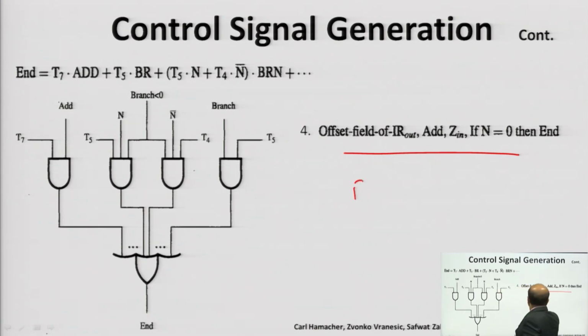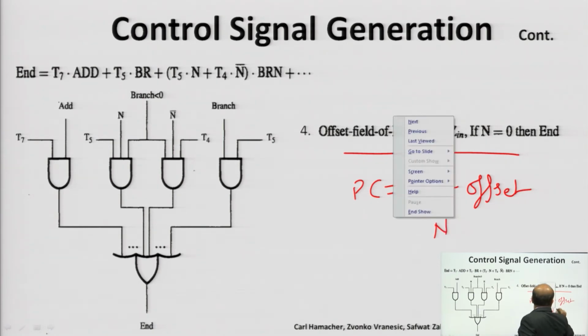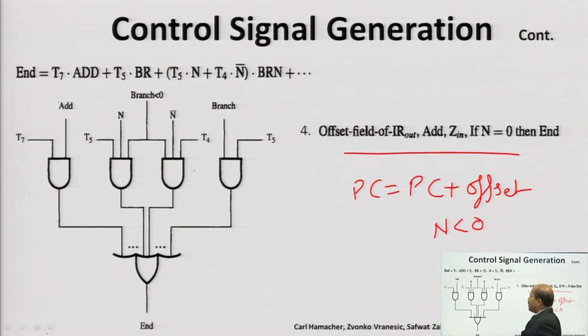That means the PC value is updated with PC plus some offset value. When a particular flag is less than 0, or the negative flag is set, and if it is equal to 0, when this condition does not match, then the End signal is issued. That means jumping to the previous location or starting location of instruction execution.